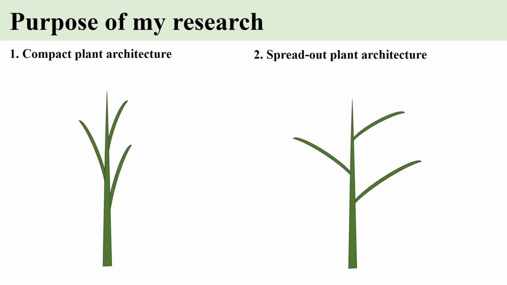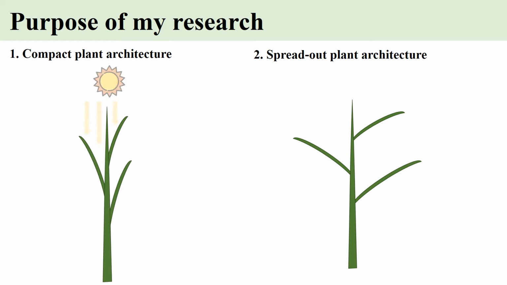Plants have two forms. One is compact plant architecture and the other is spread out plant architecture. The compact plant architecture has the advantage of reducing damage from pests or pathogens, but also has a disadvantage for photosynthesis due to the small unit area for receiving sunlight.